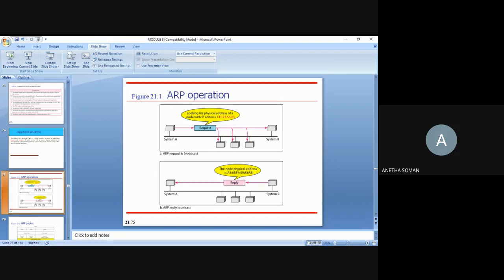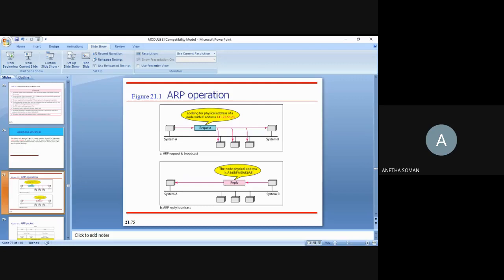So what the host will do, as you can see in the diagram, is that the host or the router sends a request packet. That request packet is called the ARP query packet or the ARP request packet. Now, what does that packet include? This packet includes the physical address as well as the IP address of the sender, and the IP address of the receiver.